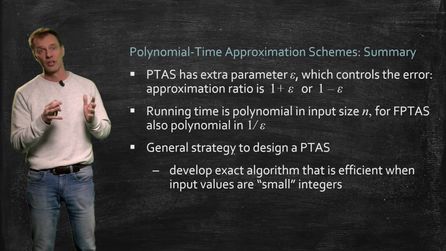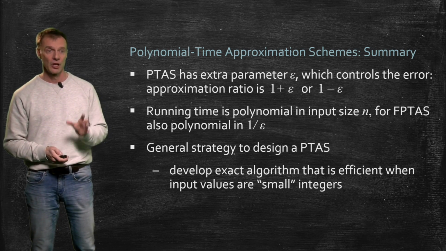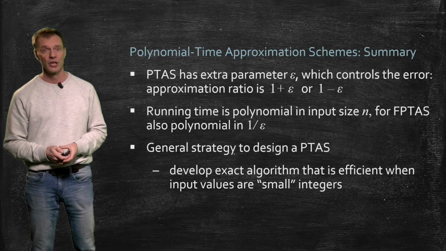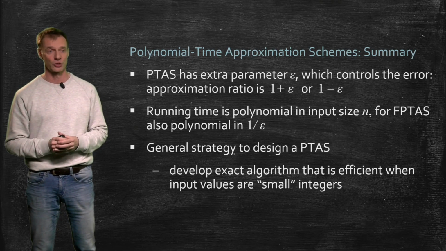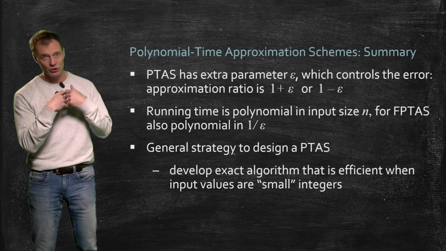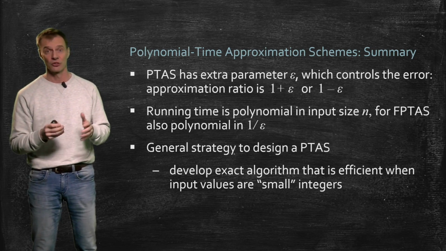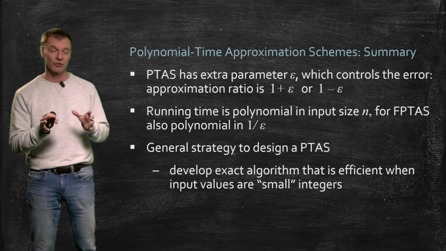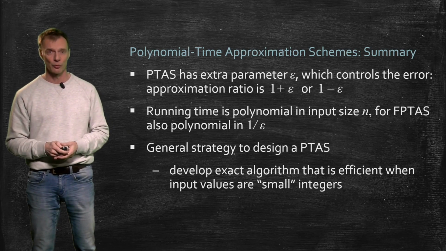Often dynamic programming can help you to develop such an algorithm. The running time of this algorithm is typically going to depend on the size of these integers. If you have a problem where the integers are very large, then it's going to be slow and not even polynomial. But if the input integers are relatively small, then the algorithm will be fast.